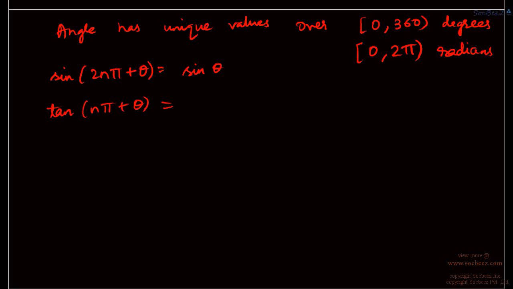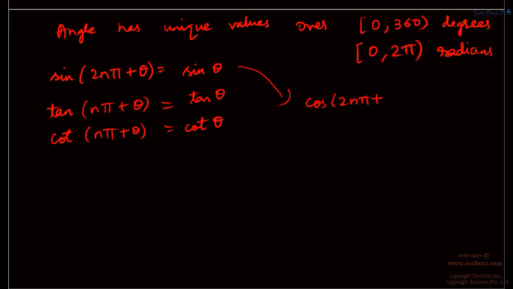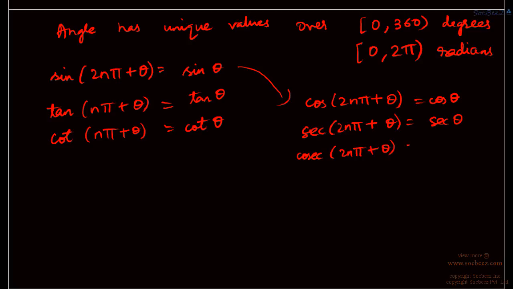So tan of n pi plus theta is also equal to tan theta. And since cot is the inverse of tan, it also follows the same rule. Whereas this one is followed by all of cos of 2n pi plus theta, secant of 2n pi plus theta, and cosecant of 2n pi plus theta.